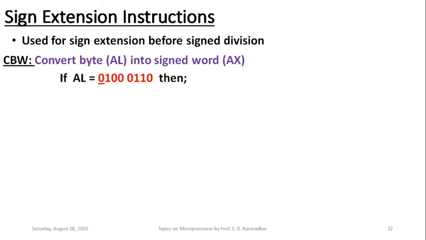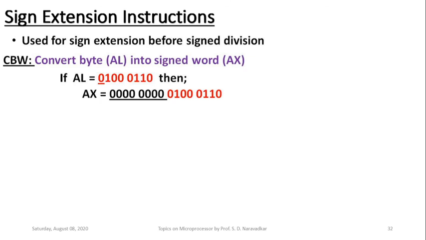You can observe within that AL register its sign bit, its MSB, is equal to 0. So within that AX register, its MSB entire byte, that is the contents of AH, will be all 8 bits 0, whereas the contents of AL will be retained as it is. It means that the result is like this.